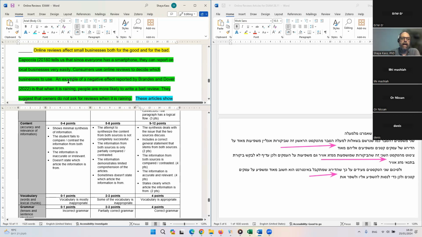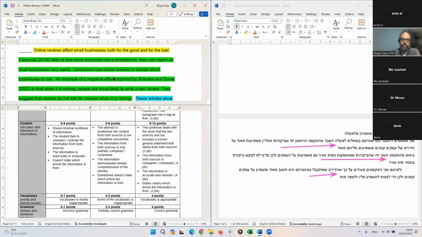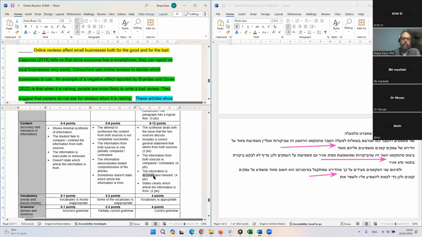So here, by writing an example of a negative effect, I'm tying it back to the first article. I'm using the second article as a way to tell the effect from the first article. Information is accurate and relevant. I didn't give any details or examples here.